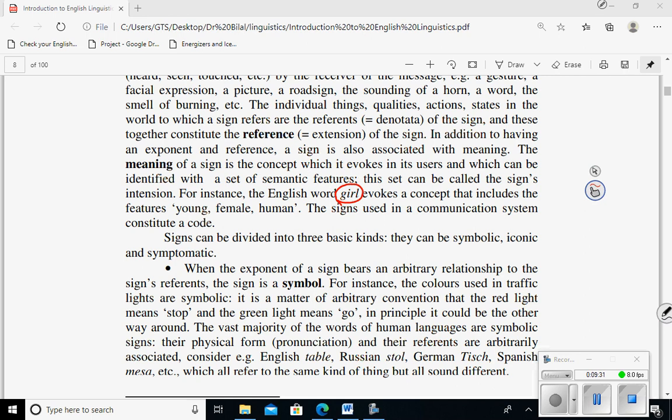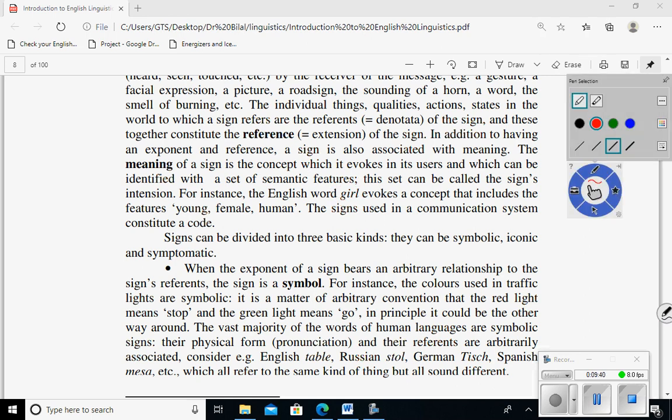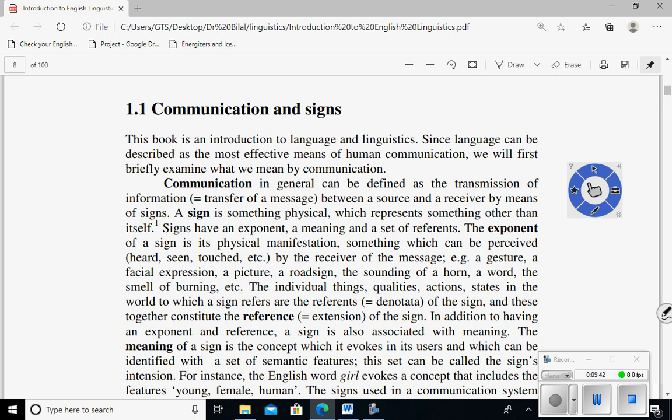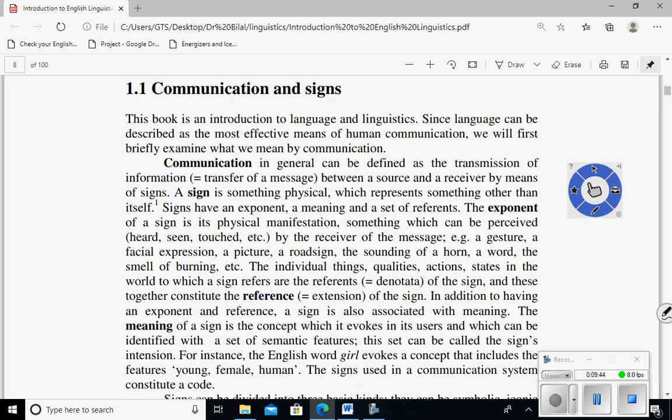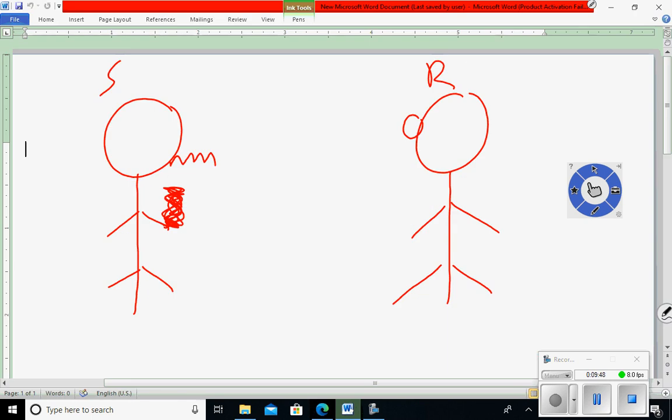So just to catch up again with what we have said so far, let's go back a little bit up, and see again what is meant by communication. As we said, communication is the transferring of information from a speaker to a receiver, or from a sender to a receiver.